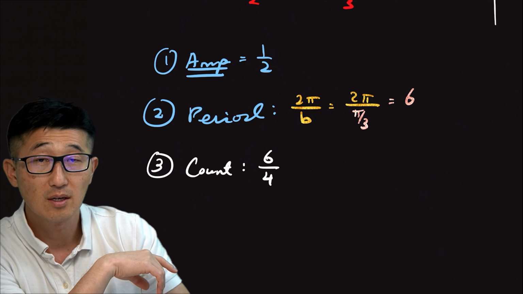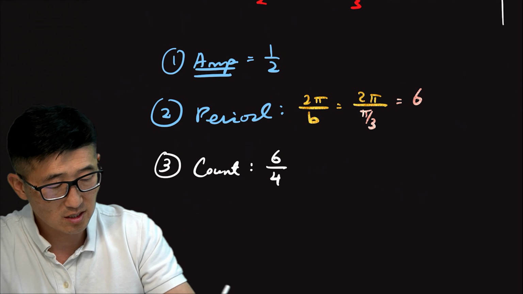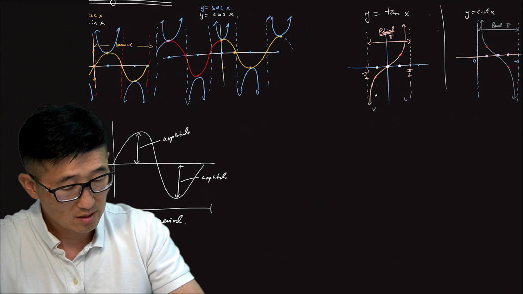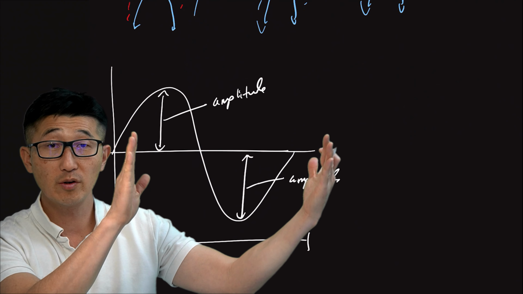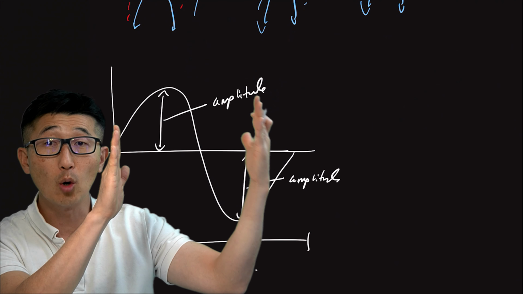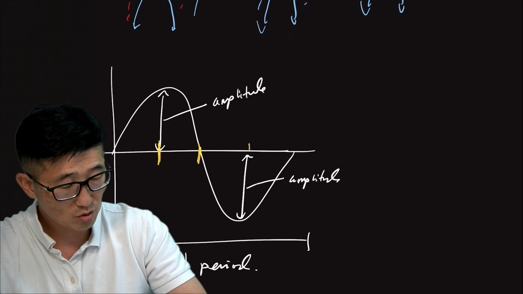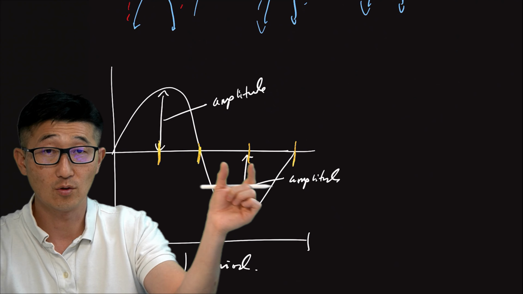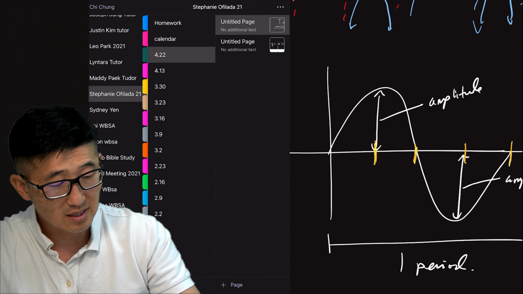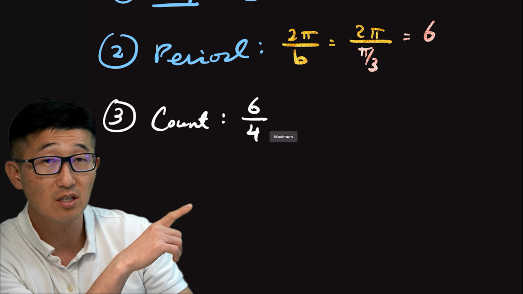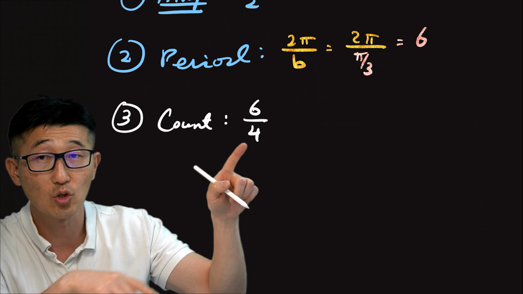That should make sense because if one period of the graph is this long, it's always going to be cut into 4 parts: 1, 2, 3, and 4. And this number right here is the most important number, and I'll show you why.